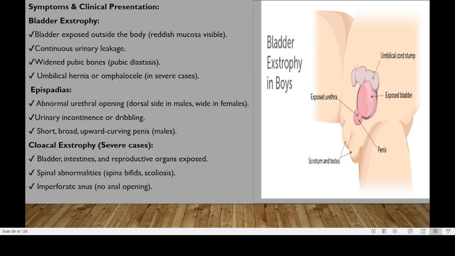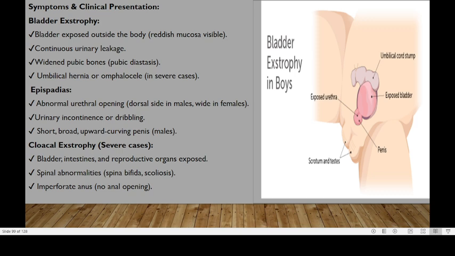In terms of symptoms for the bladder exstrophy, the bladder is exposed outside the body. There's continuous urine leakage and widened pubic bones, that is pubic diastasis. We also have umbilical hernia or omphalocele in severe cases.